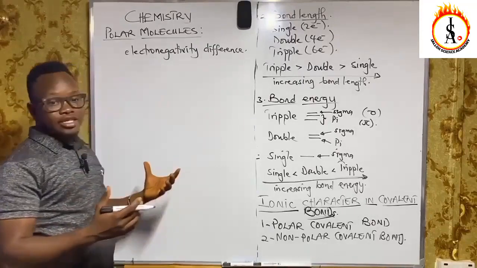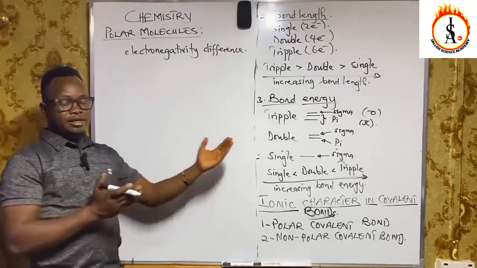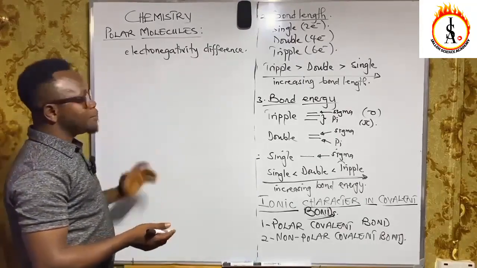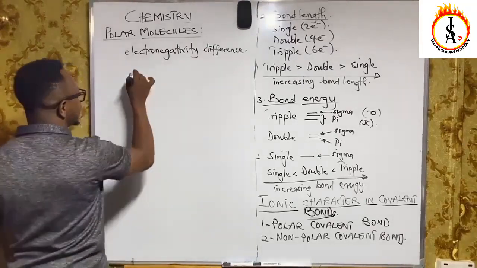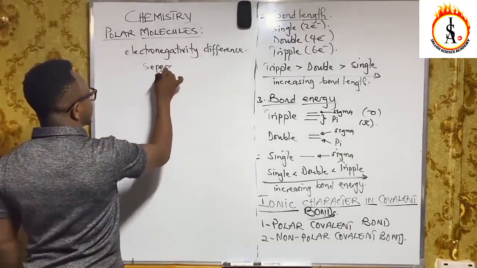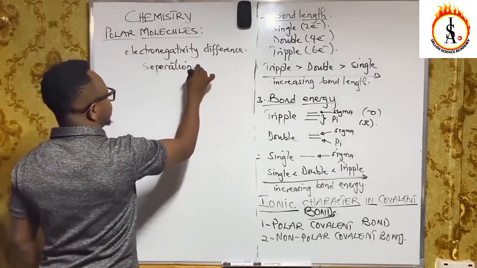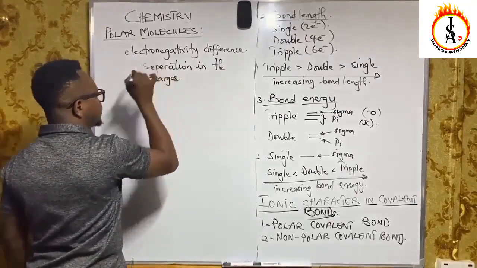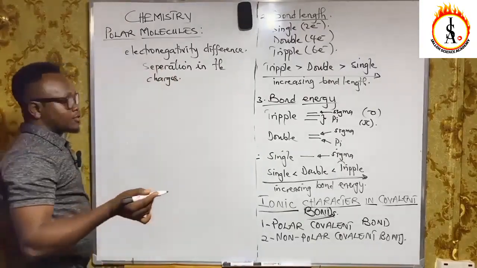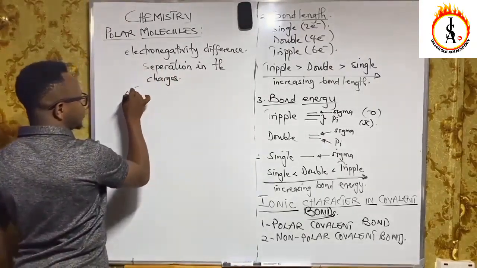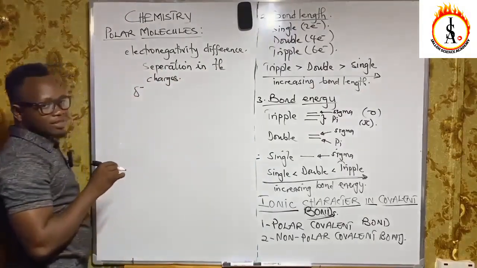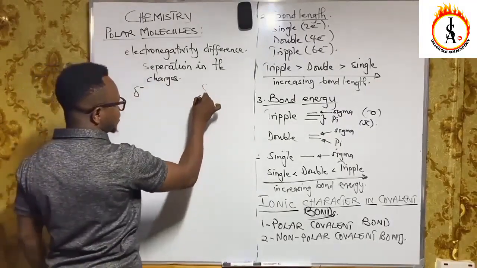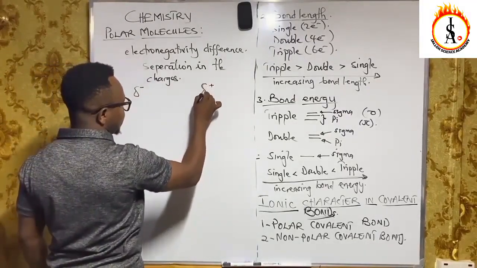So the electron cloud in the shared pair is going to be displaced towards the most electronegative species and thereby brings about a separation in charges, causing the electronegative species to get a formal negative charge we call delta minus, and the least electronegative species getting a formal charge we call delta plus.